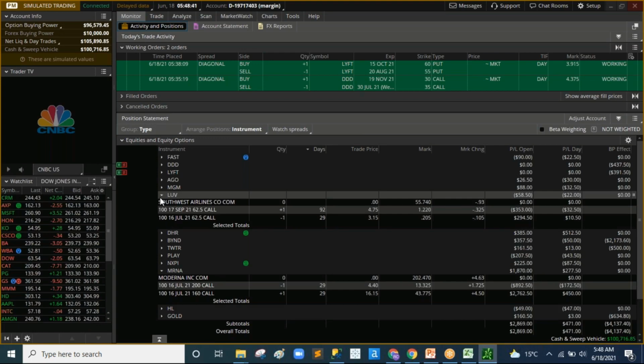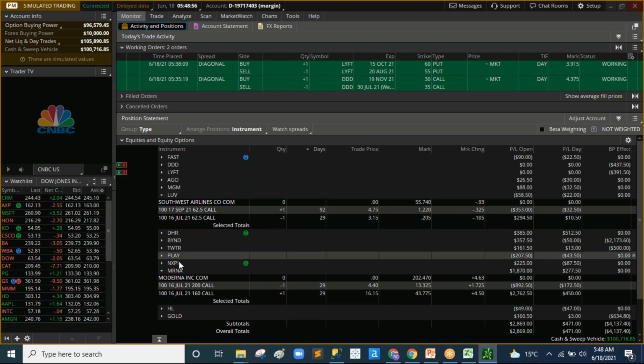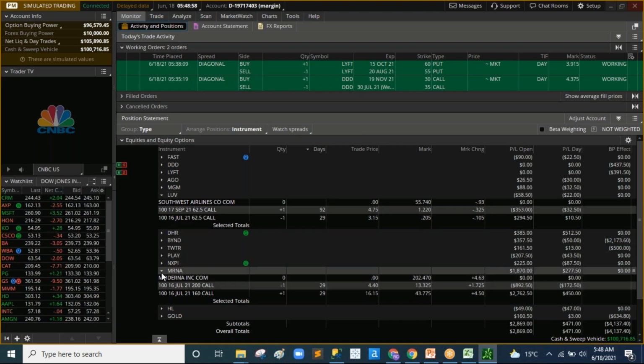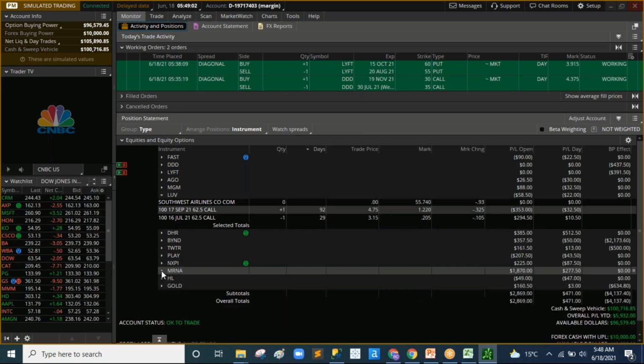Yeah. Then I think some of the trades here, I'll be reviewing them. There are some potential close-ups, those with 29, like they're almost at 21 days. But Moderna has played out well so far. Today it went up $4.